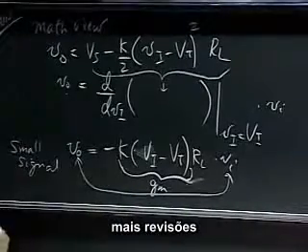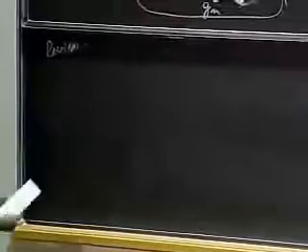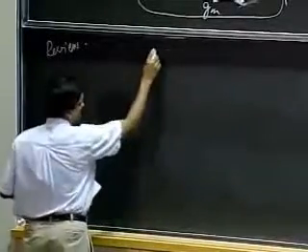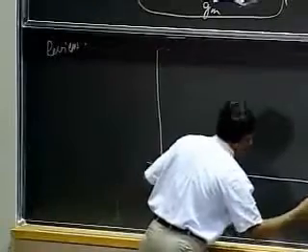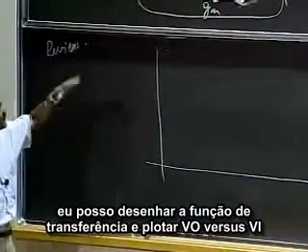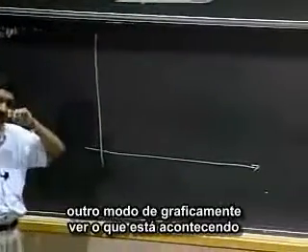Even more review. So I can draw the transfer function and plot VO versus VI.